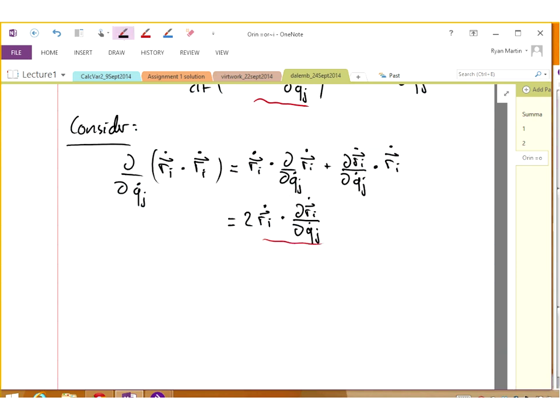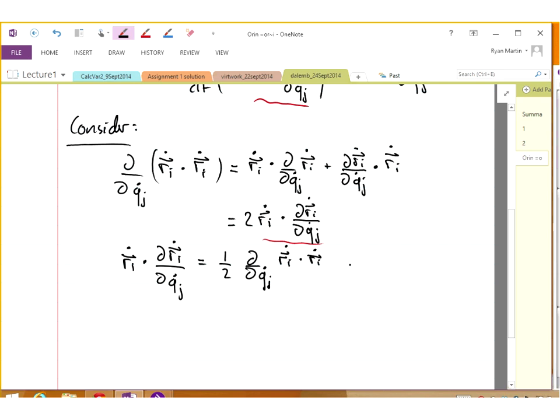So I can write that term, r_i dot dotted with ∂r_i dot/∂q_j dot, as equal to a half, moving the 2 to the other side, of ∂/∂q_j dot of r_i dot dotted with r_i dot.